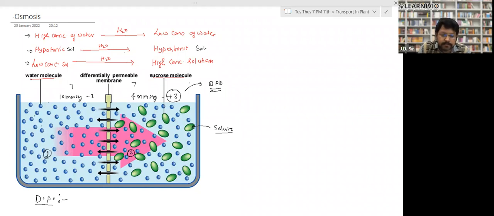Clear? Tell me, is osmosis clear or not? There are three definitions which I have told you here. Please look carefully at the screen and let me know.